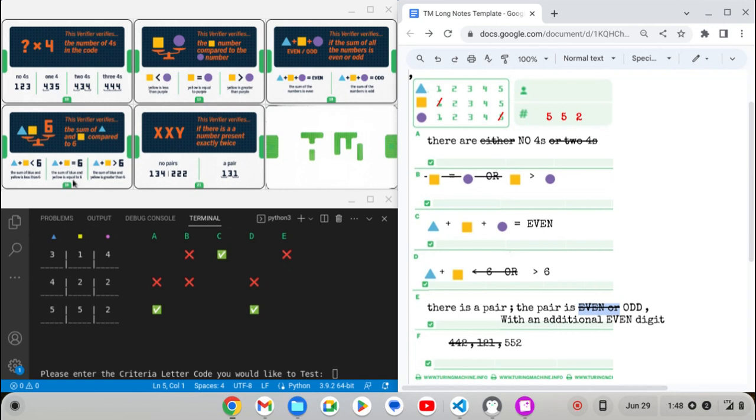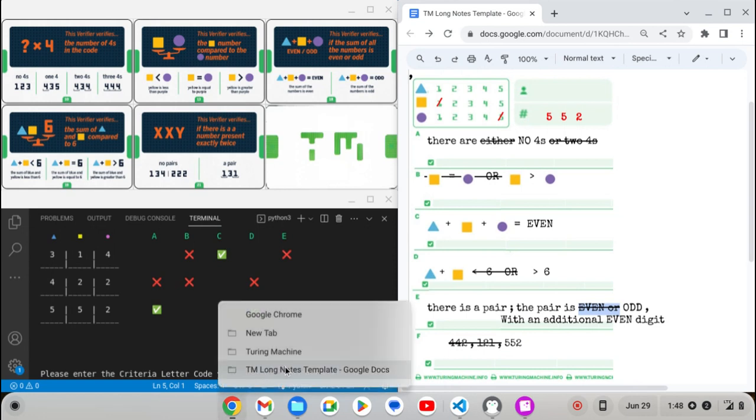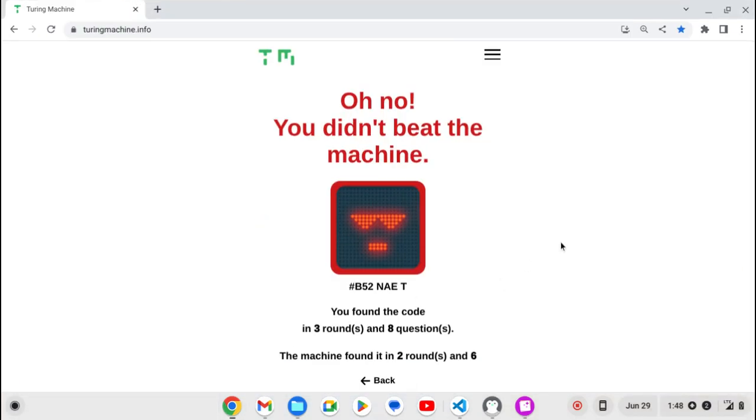And so it took me one whole round, two Turing tests in a third round to get the answer, and the Turing machine did it in only two rounds, 6 Turing tests. Yeah, so I'm not sure how I could have made improvements, but definitely need to rethink that strategy.